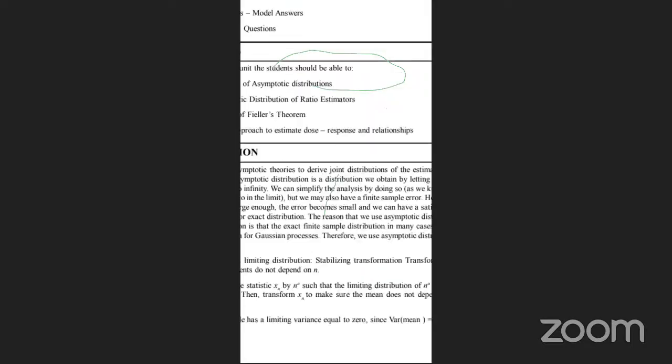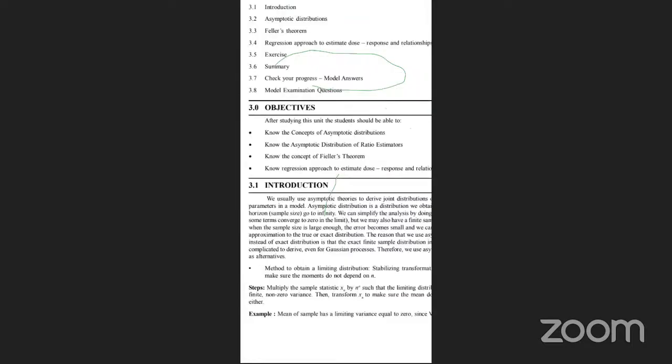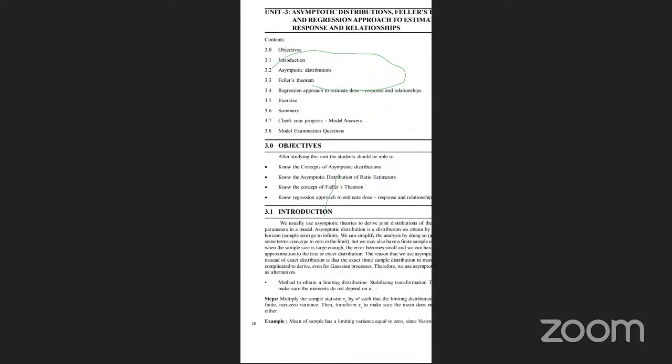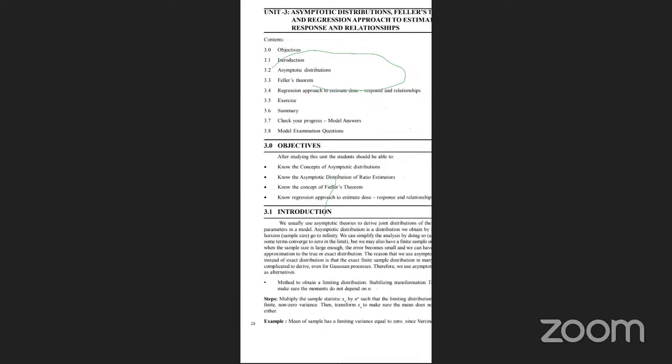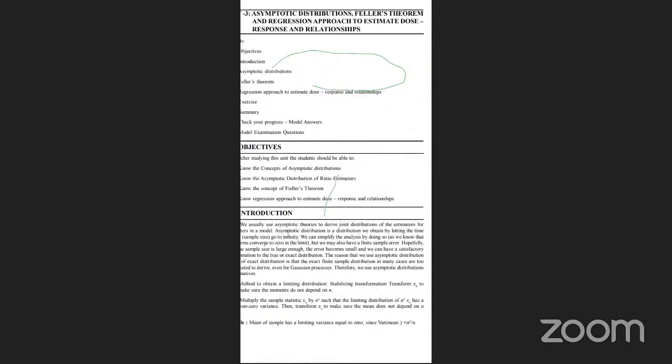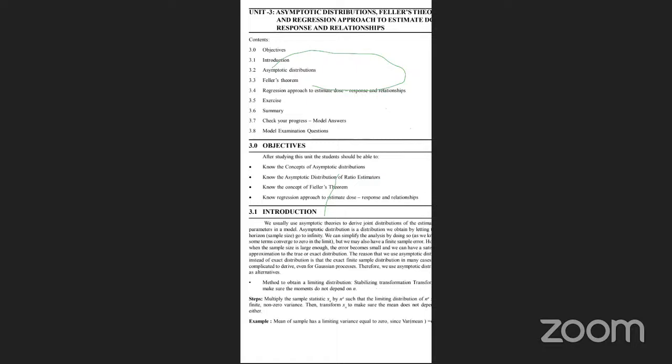Okay, for example, here we can take the sample statistic Xn such that the limiting distribution of n^(1/2) Xn has a finite and non-zero variance, and the transform of Xn makes sure that the mean does not depend on the sample size. For example, the mean of a sample has a limiting variance equal to 0, since the variance is sigma square by n.